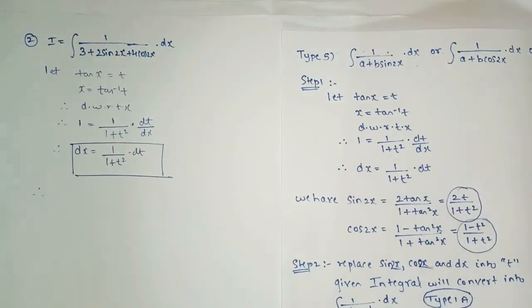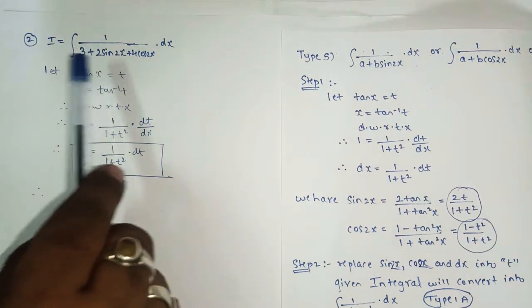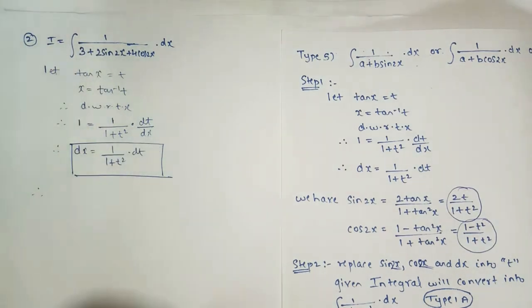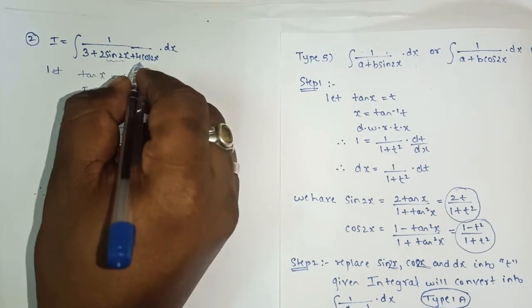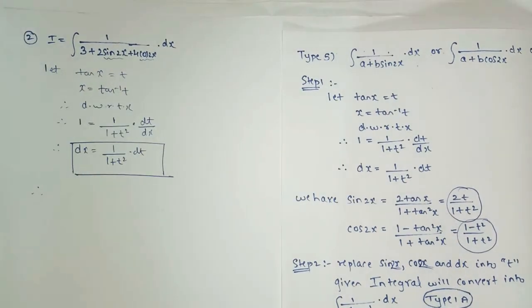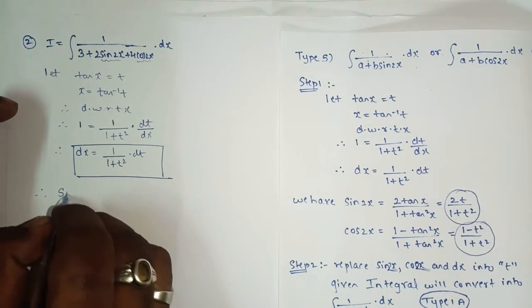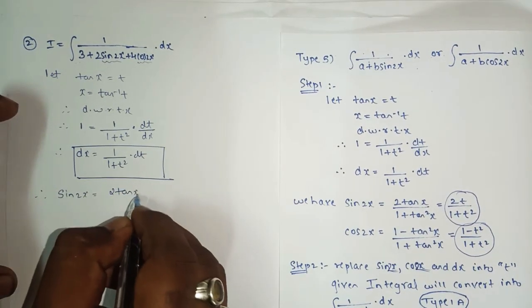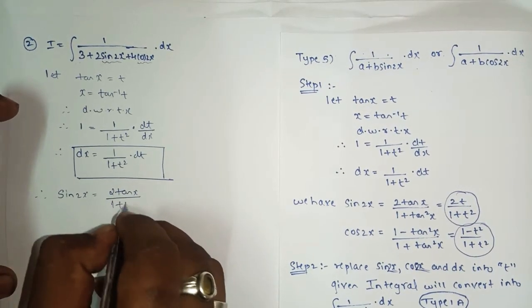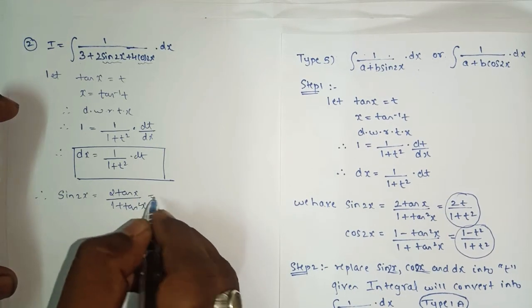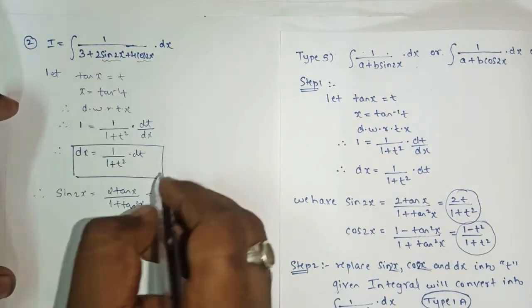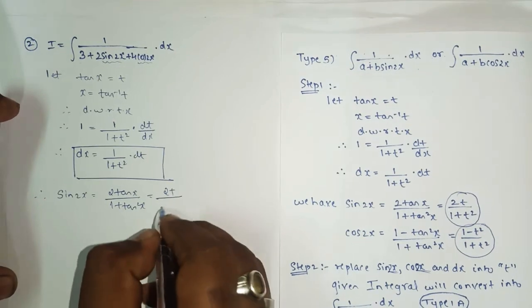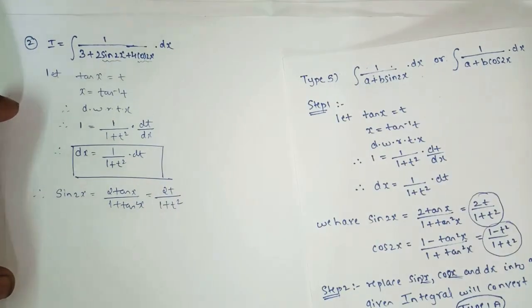Now in this question, it contains sin 2x as well as cos 2x. So here we have to replace sin 2x as well as cos 2x. So here we'll write the formula for both. Sin 2x is 2 tan x upon 1 plus tan square x. Here tan x we took as t, so this will be 2t upon 1 plus t square.